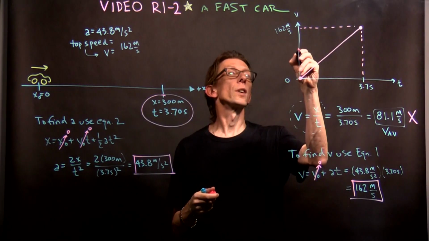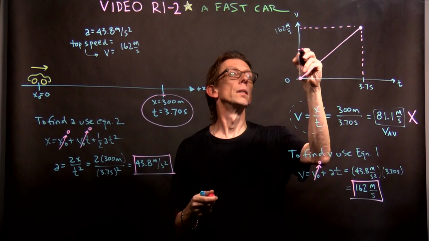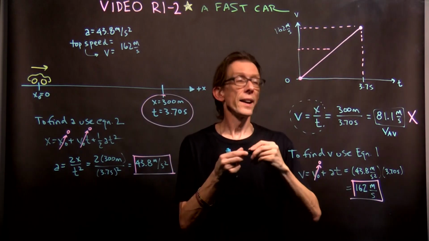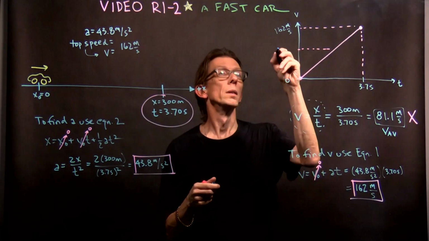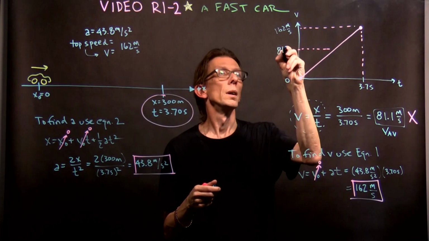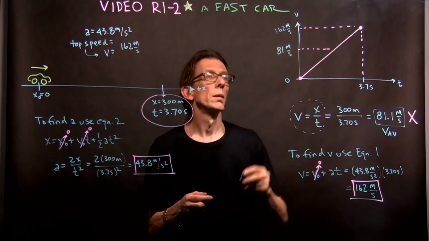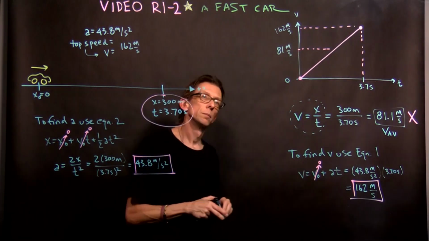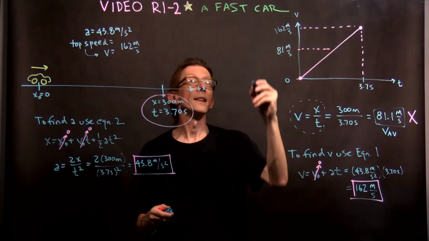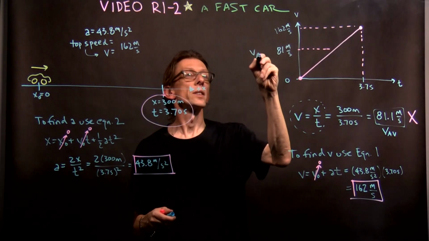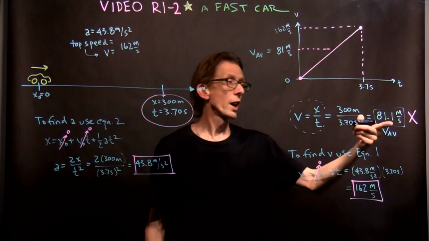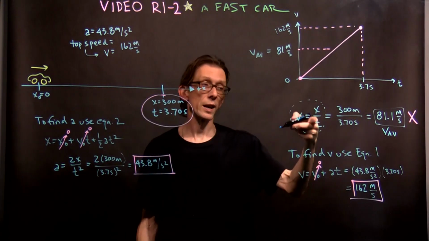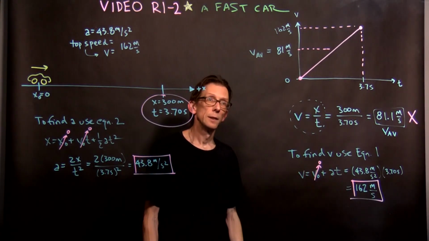So the average velocity right here, that is 81.1, or to say 81 meters per second. That is the average velocity, and that is what is calculated with a simple v equals x over t formula.